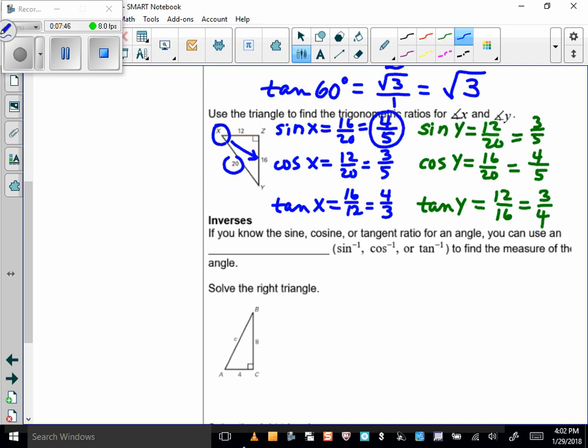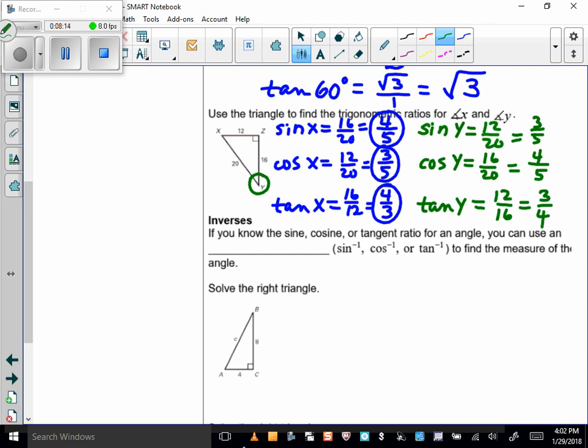Okay, the cosine of x would be the side adjacent, which is 12. Hypotenuse is 20. That simplifies down to 3/5. And the tangent is side opposite over side adjacent. So that would be 16 over 12, which simplifies to 4/3. And then when I'm looking at angle y, here's my reference angle.